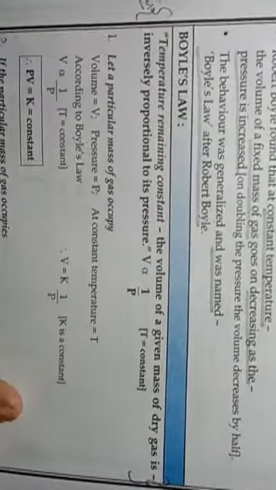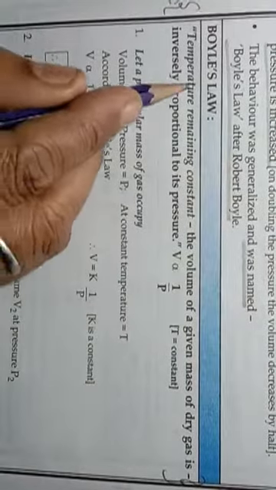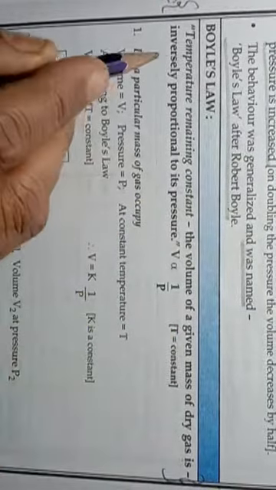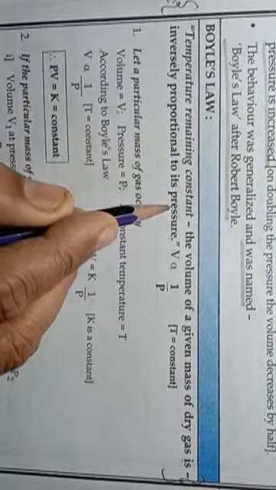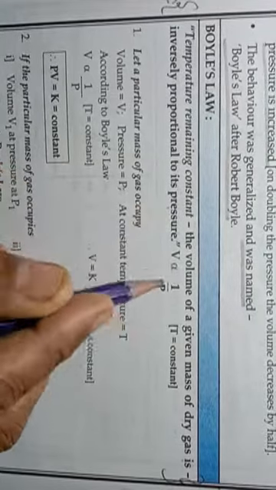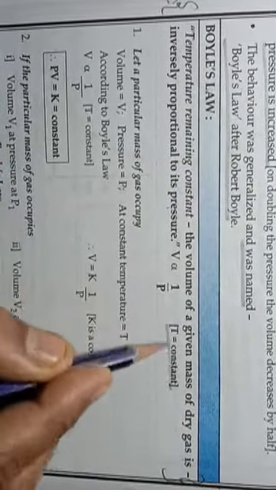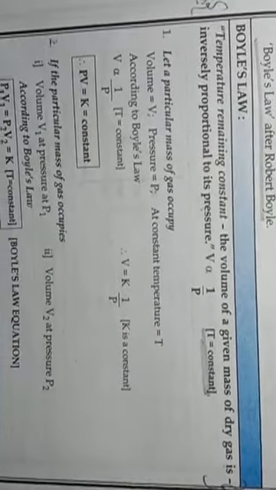According to this law, temperature remaining constant, the volume of a given mass of a dry gas is inversely proportional to its pressure. The mathematical expression is V is inversely proportional to P at constant temperature.